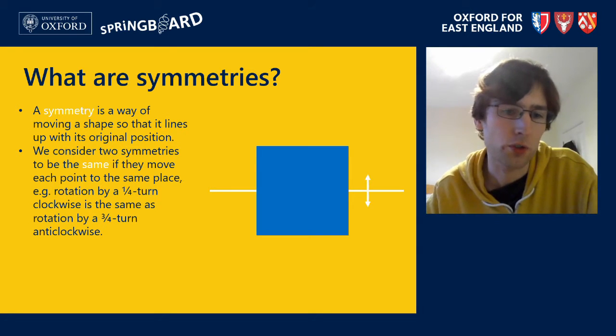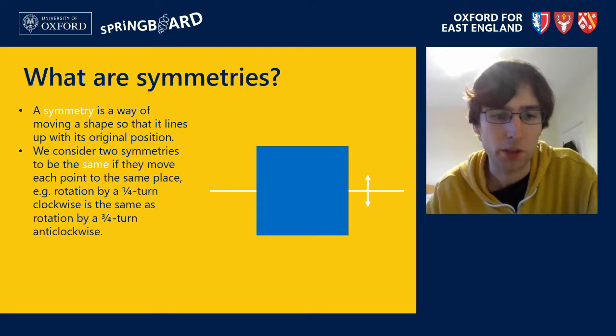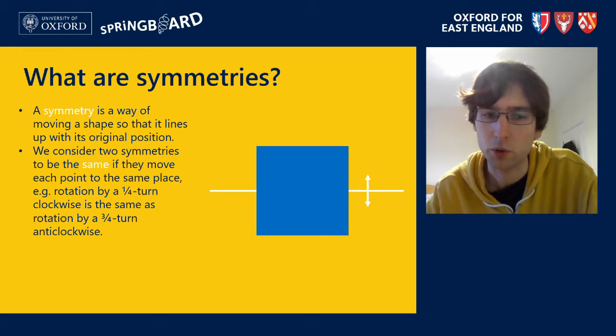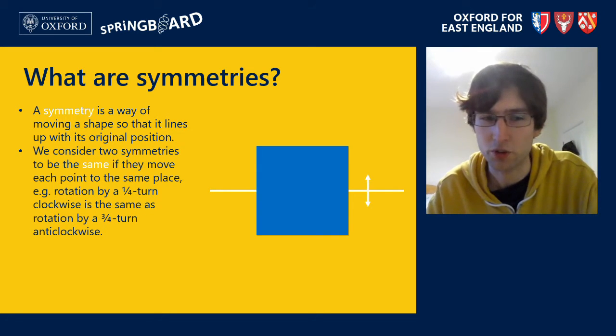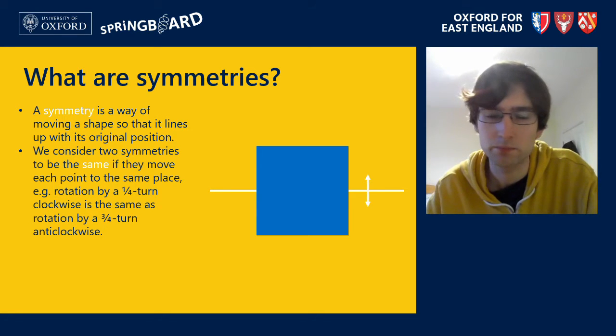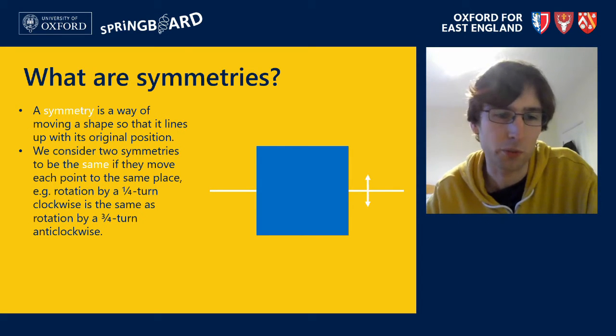We consider two symmetries to be the same if they move each point to the same place. So, for example, rotation by a quarter turn clockwise is the same as rotation by a 3/4 turn anti-clockwise. Or if you like, we only care about the end result of a symmetry. We don't care about the specific movements used to get there. Otherwise, there would be far too many symmetries to consider.